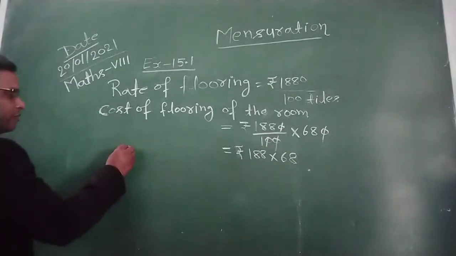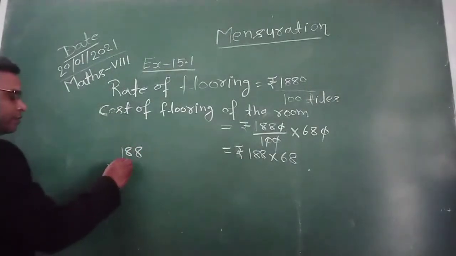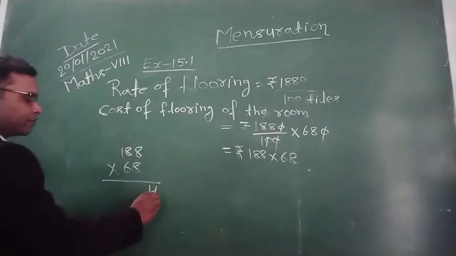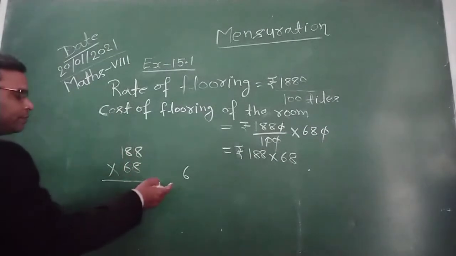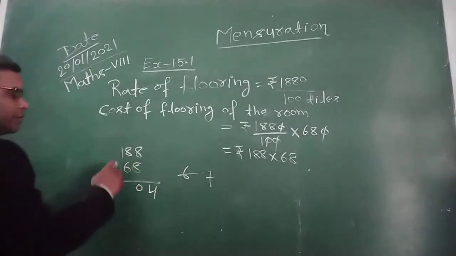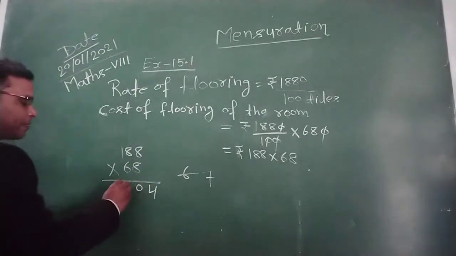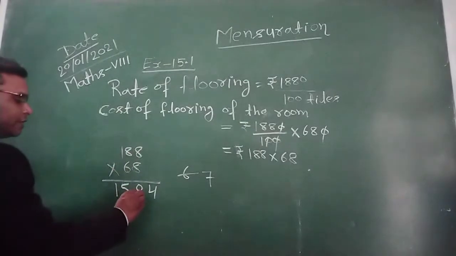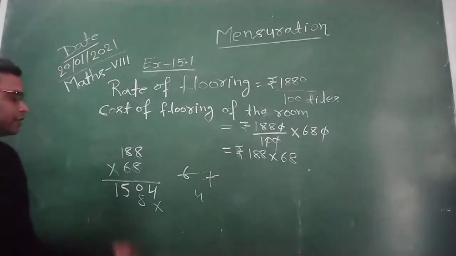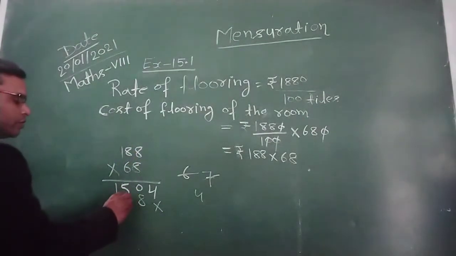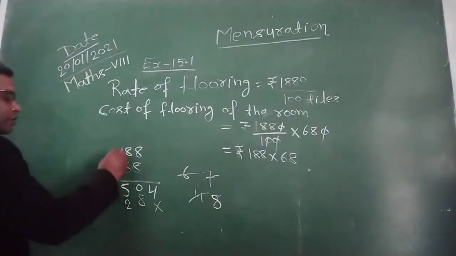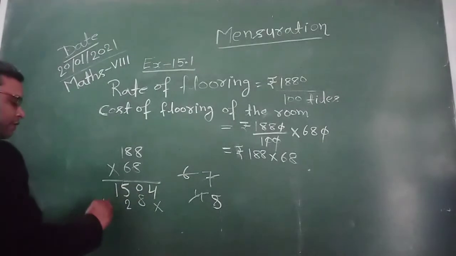You write 188 into 68 and multiply it: 8 eights are 64, carry 6, and so on.